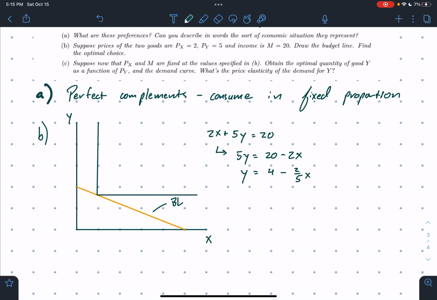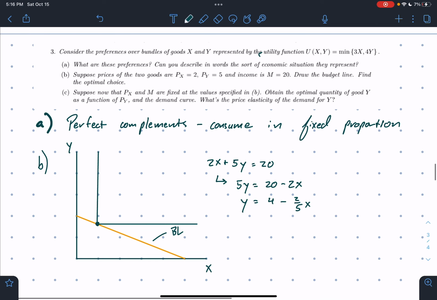The reason is that my utility of this bundle, which is given by the minimum of 3x and 4y, is going to be the same as the utility here. Because I just increased the amount of x, but I didn't increase the amount of y, so my utility is the same. That's why they have this shape.